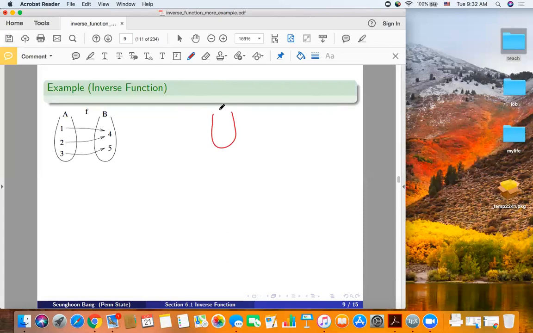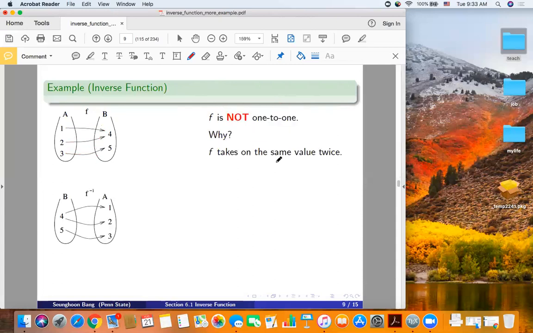This is B, this is A. So 4, 5, 1, 2, 3. What's that? 1 is going to 4, 2 is going to 4, 4 is going back to 1 and 2. So 3 is going to 5, 5 is going back to 3. So we have it.